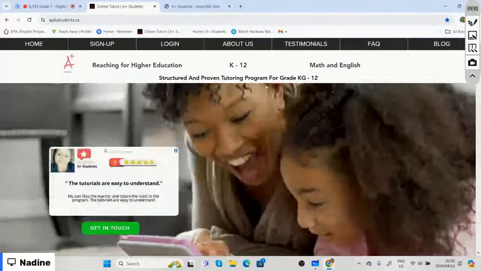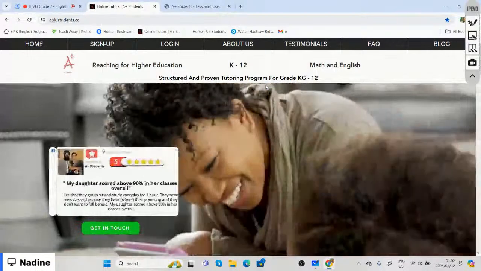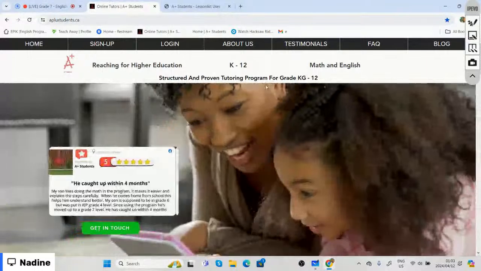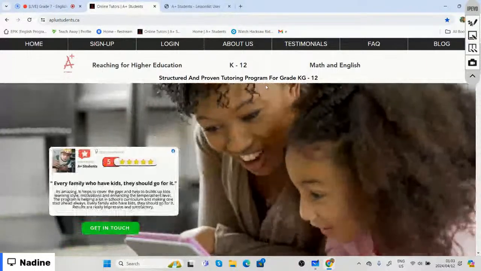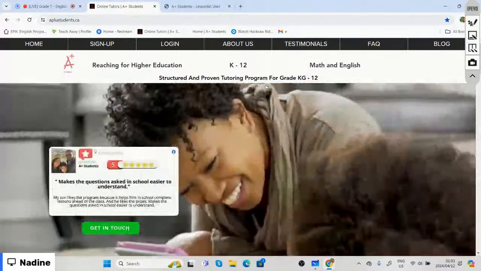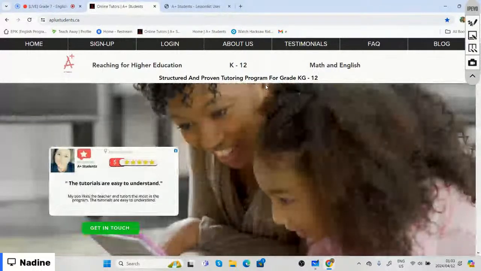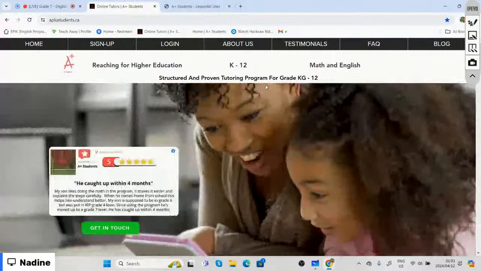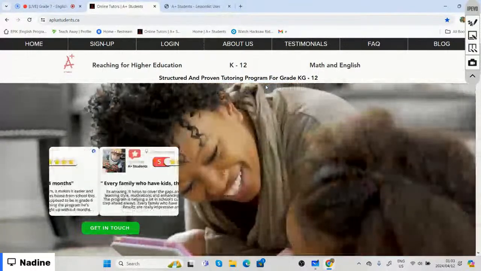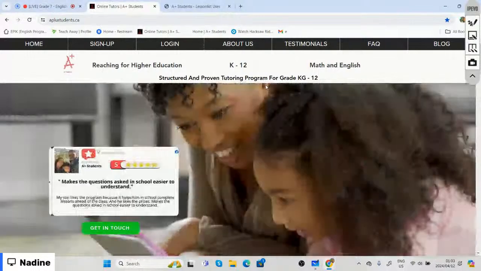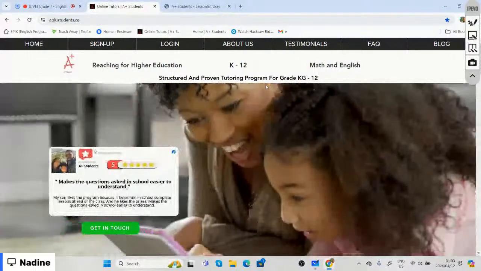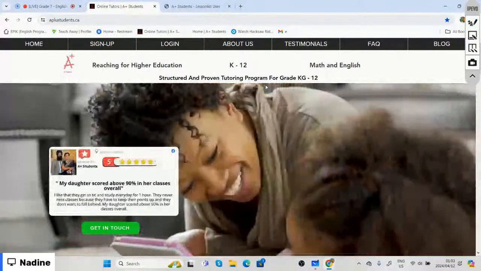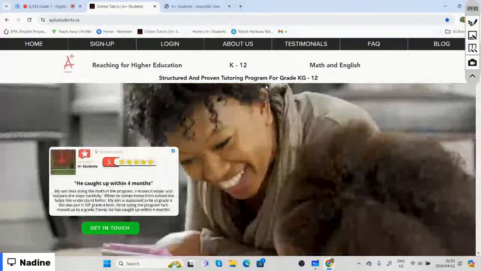Once you've logged on with our username as well as our password, we're going to select the subject of language arts, grade 7, and then scroll down until we get to the chapter of homophones.